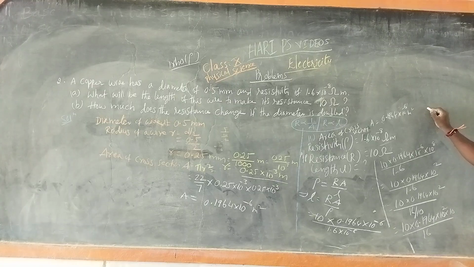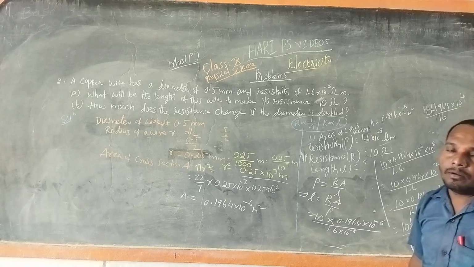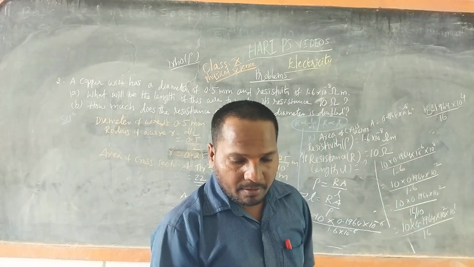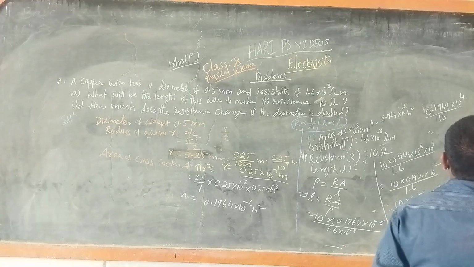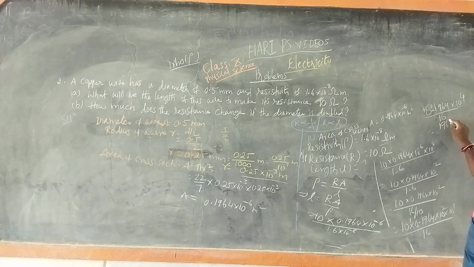So we can write 0.1964 into 10 power 4 by 16, which gives 1964 by 16.